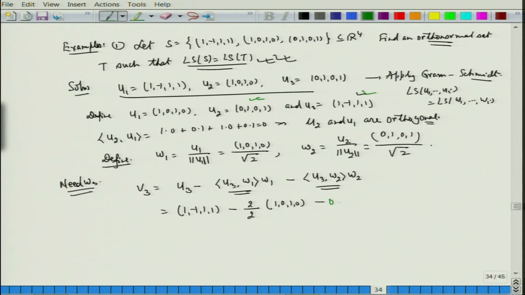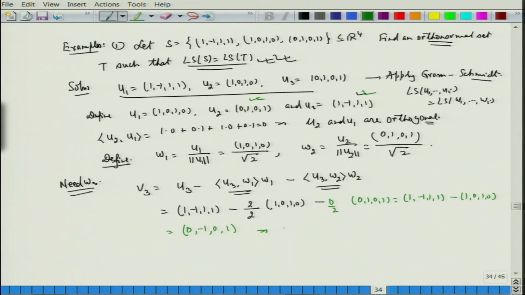So this is 0 upon 2 times 0 1 0 1. So therefore I just have 1 minus 1 1 1 minus 1 0 1 0. I hope I am doing it correctly. Yeah, it is correct. So 1 minus 1 is 0, minus 1 minus 0 is minus 1, 1 minus 1 is 0, and this minus this is 1, so I get this.